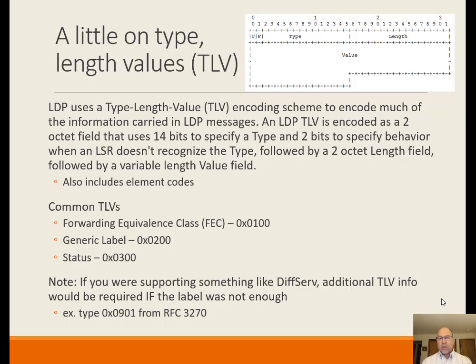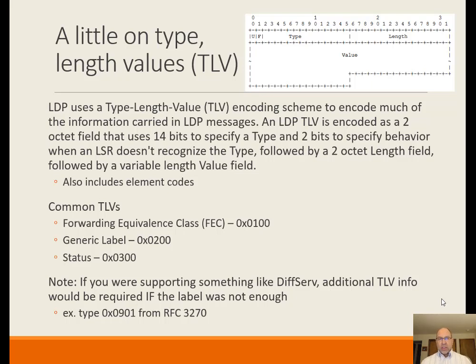So type length values say, when you see this value, it means this type, and when I give you a length, it tells you how much information is there. And that way you know how to decode it. So LDP uses type length value encoding scheme to encode much of the information carried in LDP messages. And so that means that you have a whole bunch of TLV values.